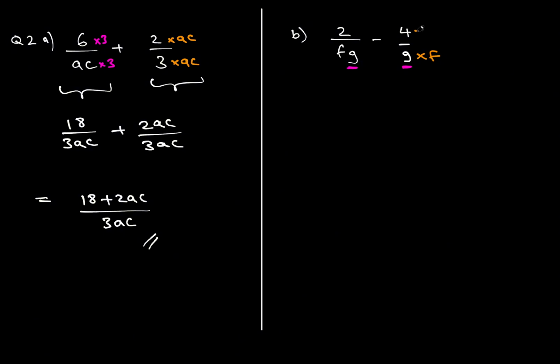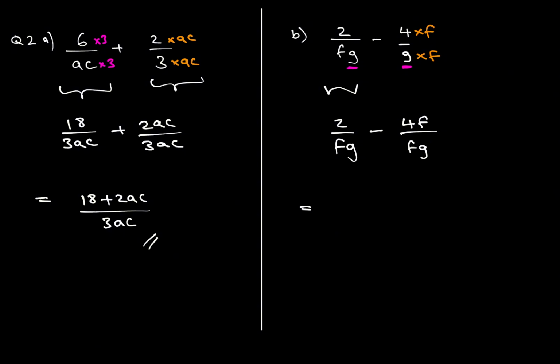Whatever I do to the denominator must be done to the numerator, and now I can work with this. So the 2 over fg remains, and I'm going to subtract 4f because I've got 4 times f, and I'm going to have a denominator of g times f, which is fg. Careful to make sure that that is in alphabetical order.